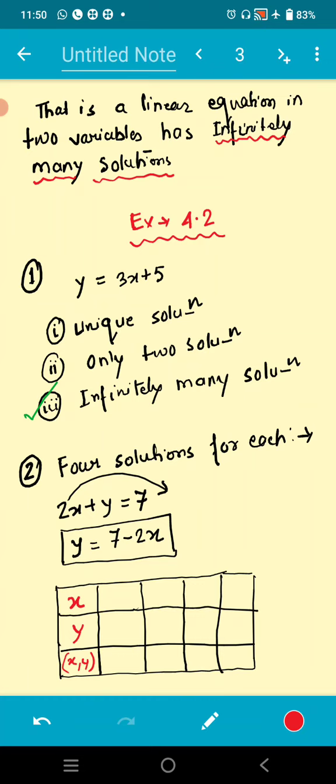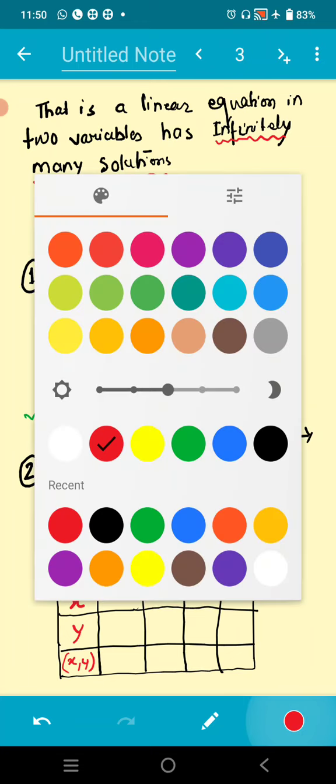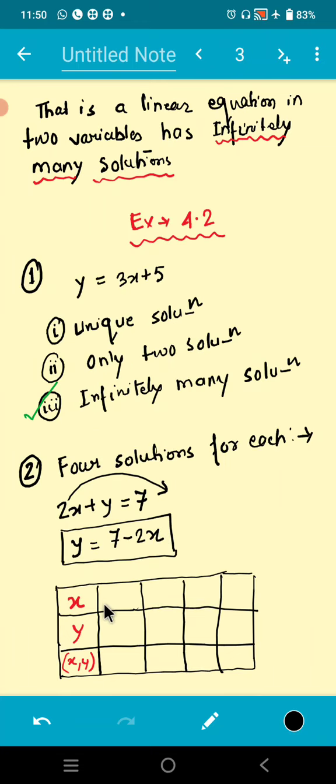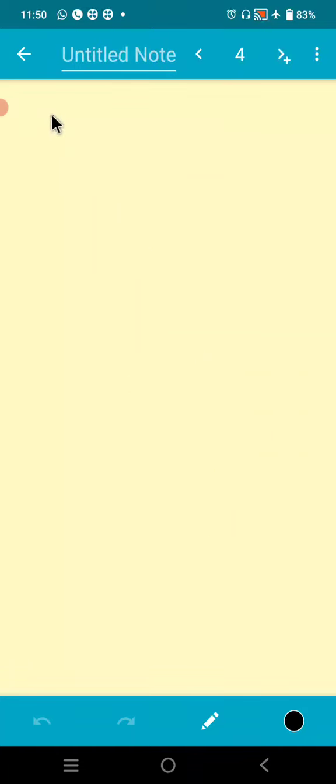Now you can substitute any value in place of x, fine, and you need to find out y. Suppose if I substitute the value of 1 here, I'm showing it to you, that is, suppose x is equals to 1, so what will be the value of y?